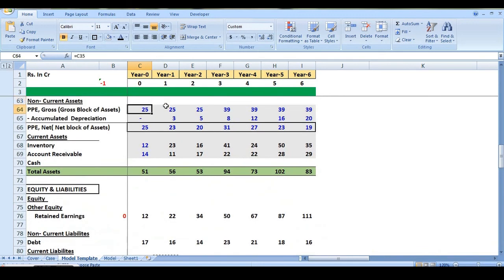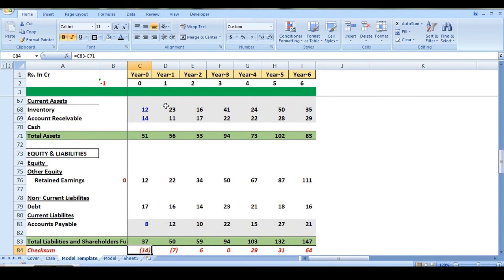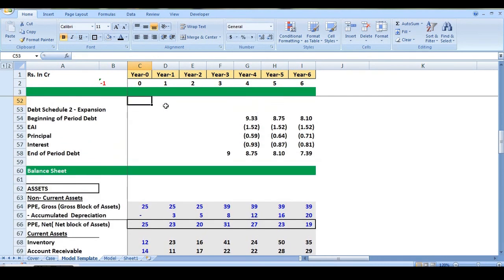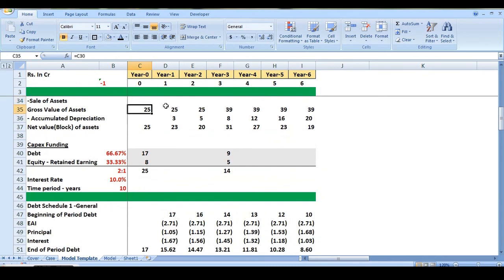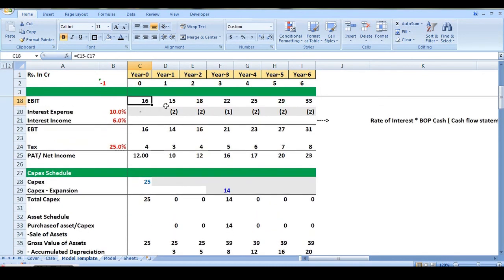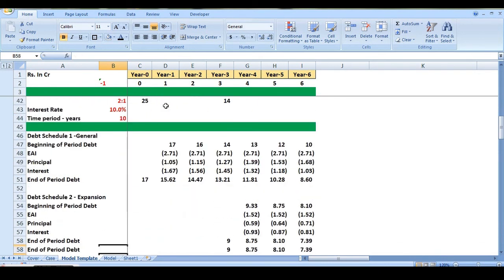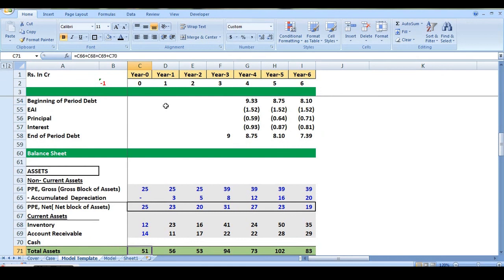Now most of the values of the balance sheet and of the income statement are calculated. Only a few values remain: the interest calculation, that is the interest income part, which is to be calculated on the opening cash balance or beginning of year cash balance, and in the balance sheet again the same value, the cash balance, which is basically the closing balance of cash.